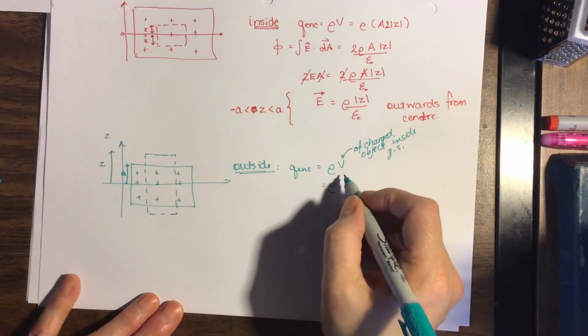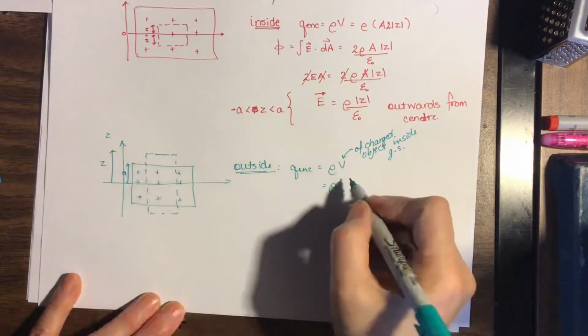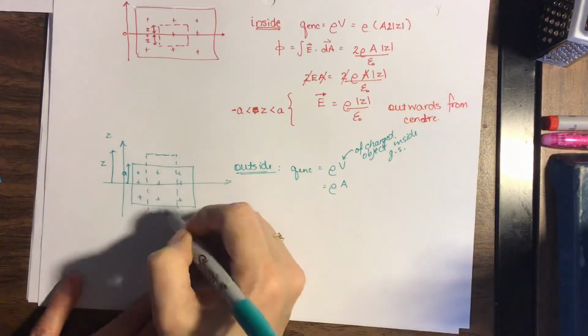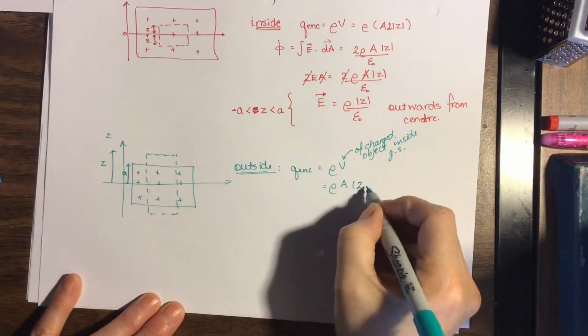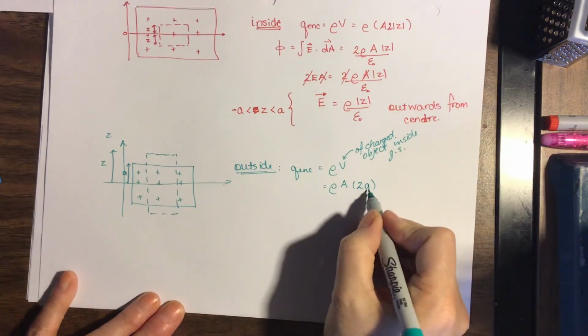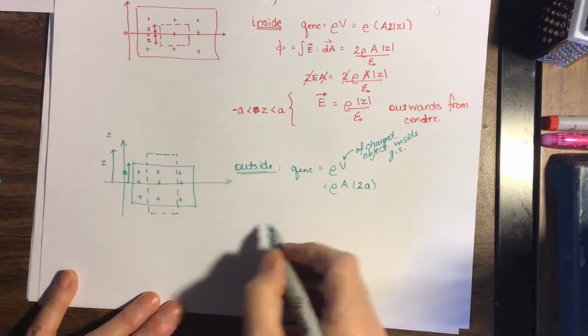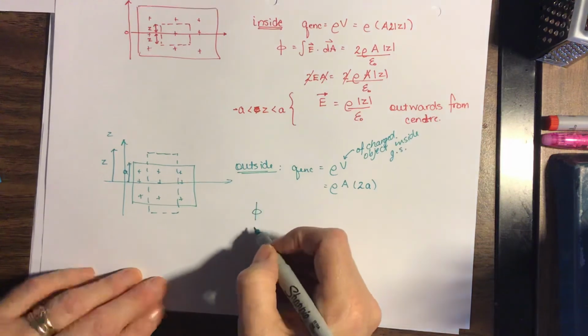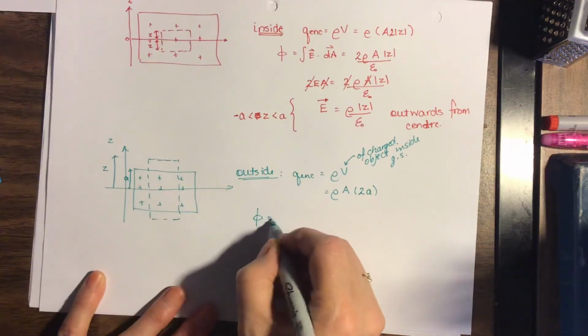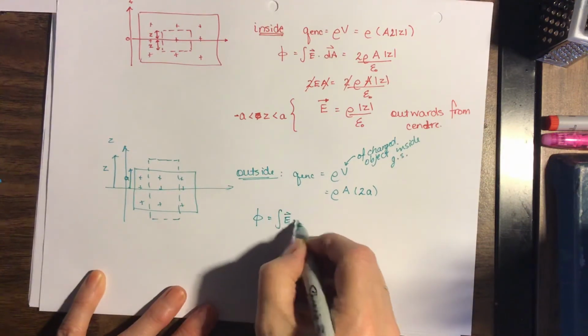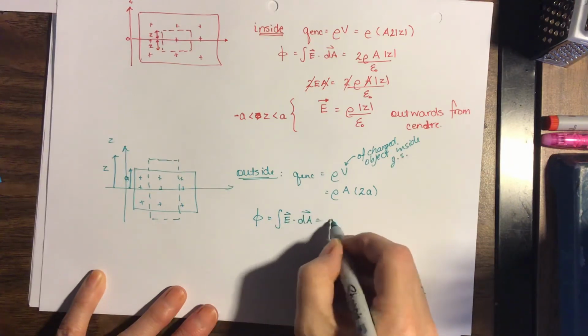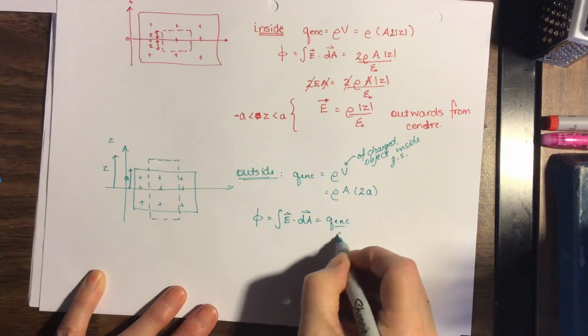V is the volume, so that's going to be the cross-sectional area of my Gaussian surface times the thickness. The thickness is going to be 2 times A. A itself is a positive number, so I don't need to put in my absolute value signs here. There's my Q enclosed. I'll write down my Gauss's law next. My net electric flux is the integral of E dot dA equals Q enclosed over epsilon naught.